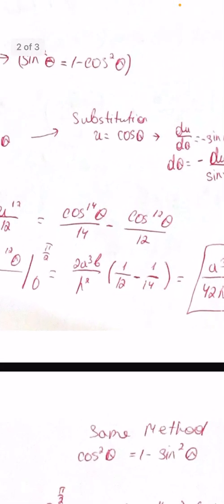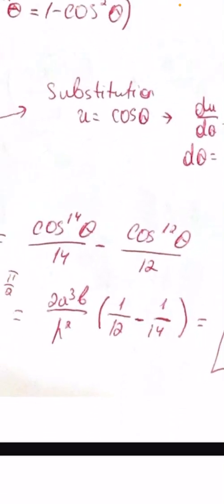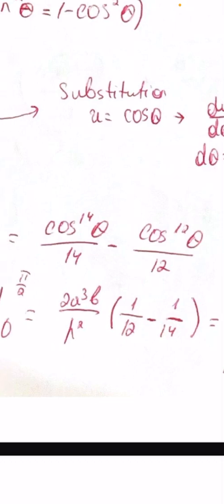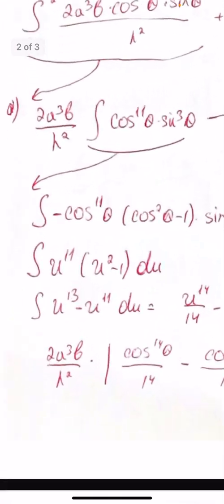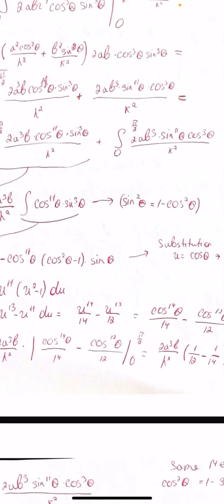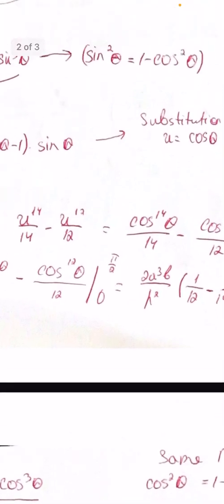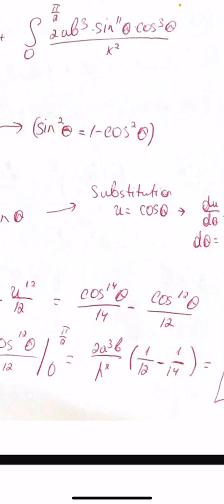Then we just need to unsubstitute our function, putting cosine alpha into u, so we will get this function here. As you remember, we had a constant here, so we need to multiply them. But before we multiply, we need to evaluate from 0 to pi over 2.